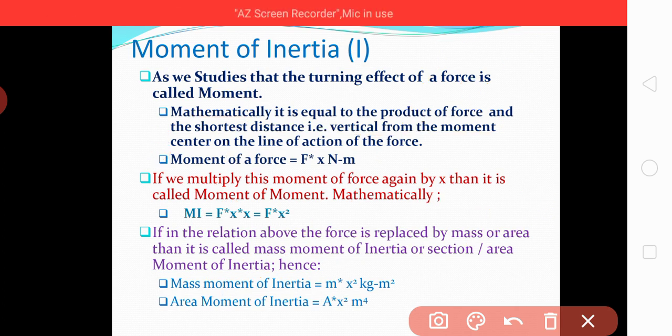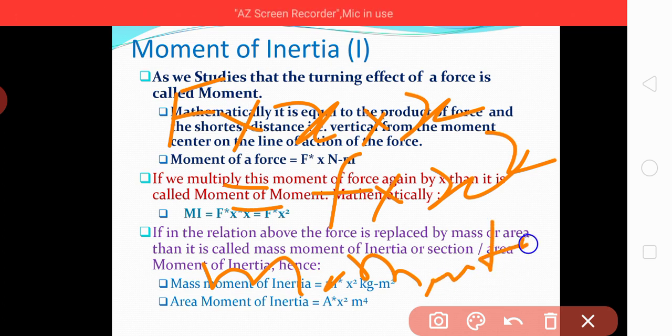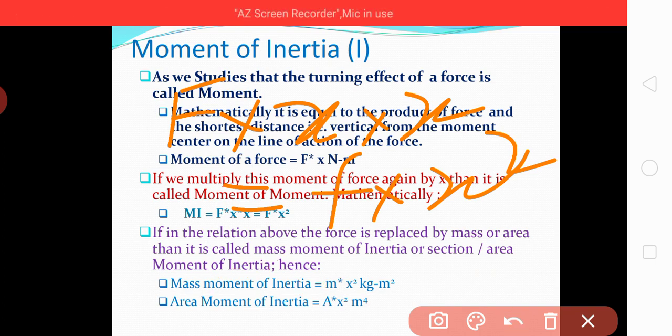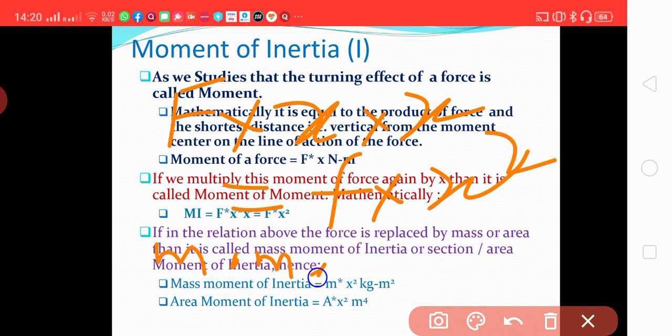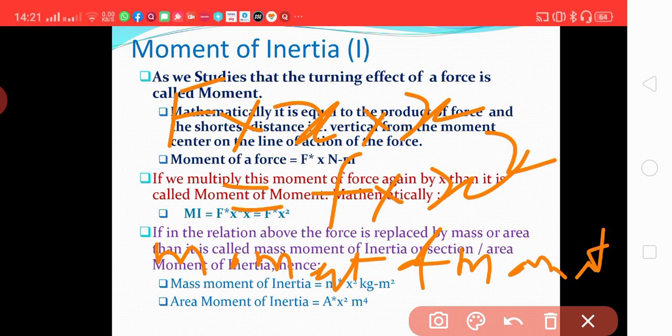If we multiply this moment of force again by x, that is the shortest distance, then it is called moment of moment or second moment or moment of inertia, that is F into x into x, equal to F into x square, called moment of moment, or second moment.